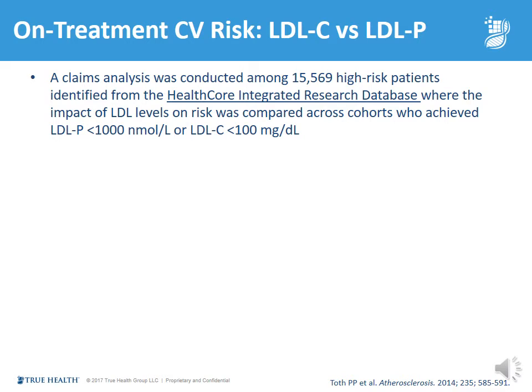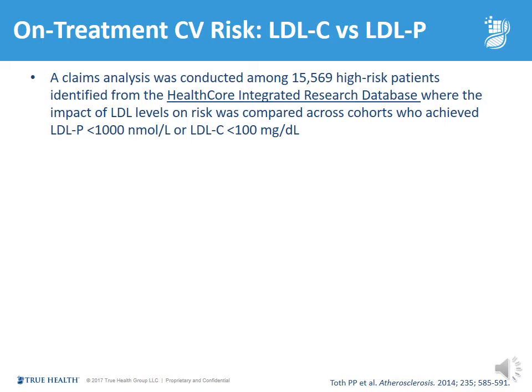Very important data was published by Peter Toth and colleagues in Atherosclerosis in 2014. They looked at a claims analysis that was performed among over 15,000 high-risk patients in a healthcare database. And they could look at the impact of LDL cholesterol levels on risk across cohorts who achieved an LDL particle count less than 1,000 nanomoles per liter or an LDL cholesterol less than 100 milligrams per deciliter.